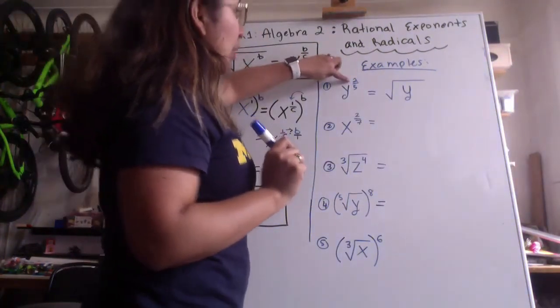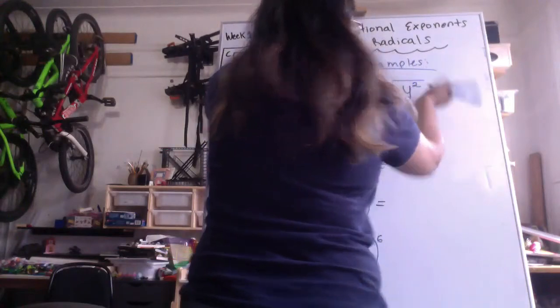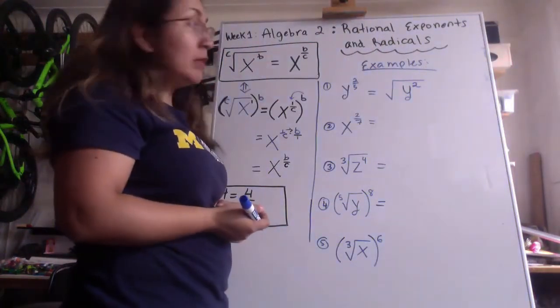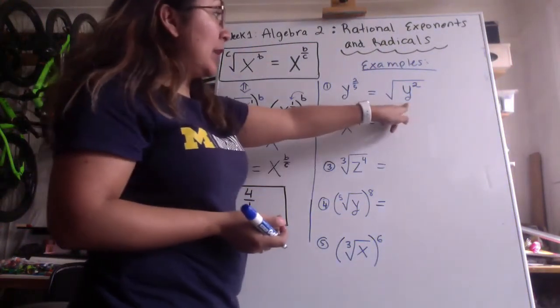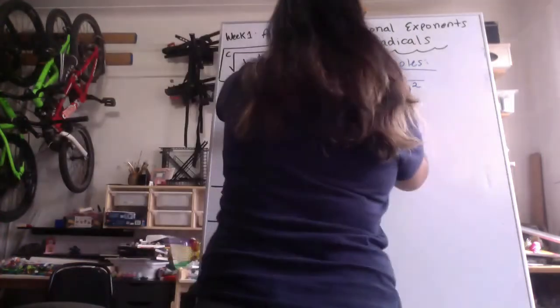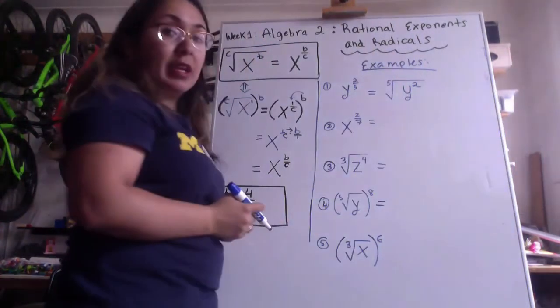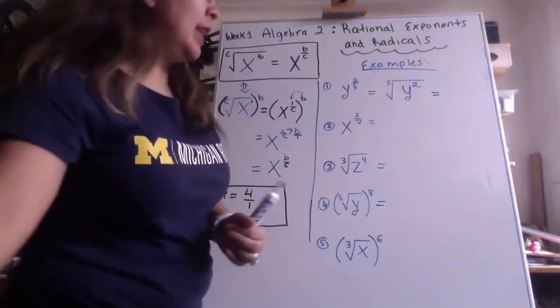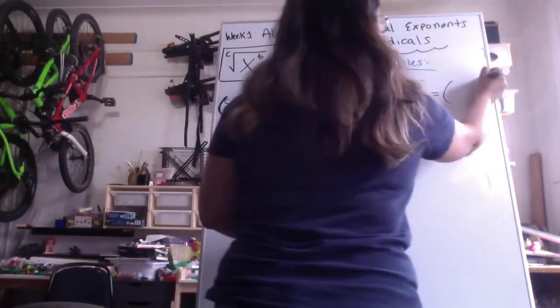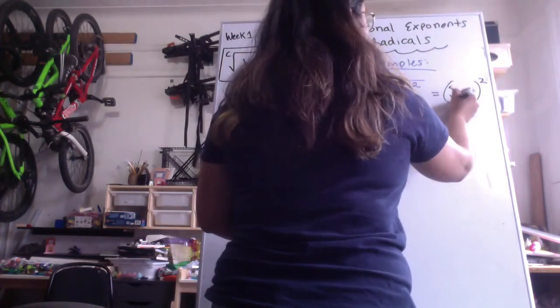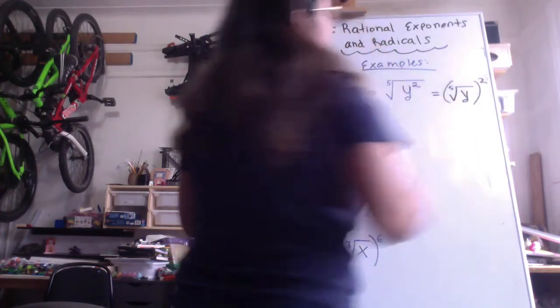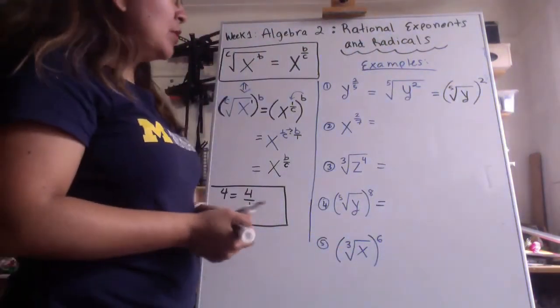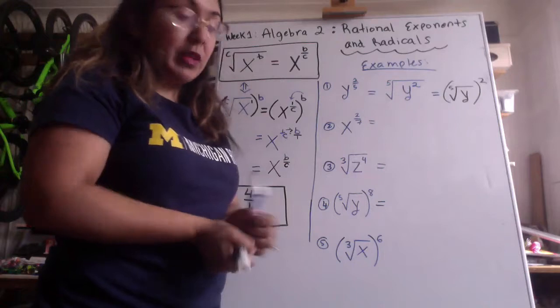The numerator is the exponent of the radicand, and the denominator is the index. Like I said, you can also rewrite it as the same expression, except the 2 comes out, but the index 5 is the same, and the base is the same. So both are correct, both are good ways to write it.